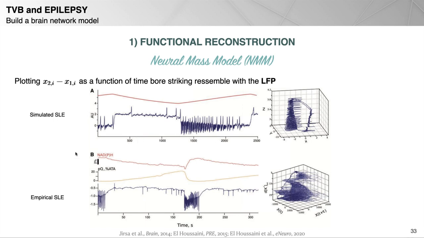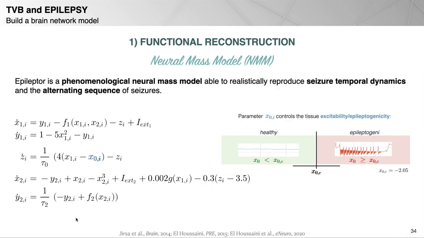One of the most important parameters in the Epileptor model is X0 here. So this parameter controls the excitability of the node, or what we call the tissue epileptogenicity.